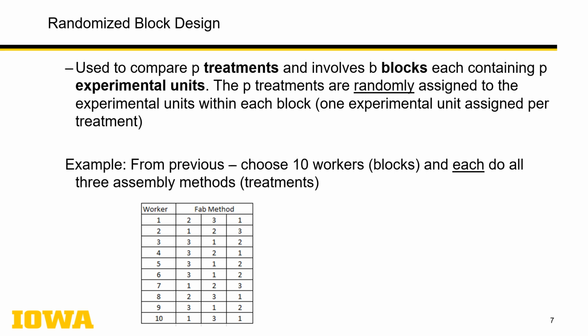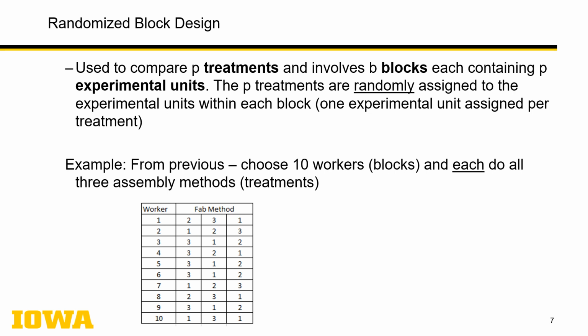So, for example, we had this previous experiment where we chose 30 different workers, and we put 10 of them associated with fabrication method number 1, 10 for 2, 10 for 3. Now you may be wondering, it's possible that the randomization didn't work so well for us, and actually the 10 workers assigned to fabrication number 1 happen to be the slowest workers in the plant anyway.